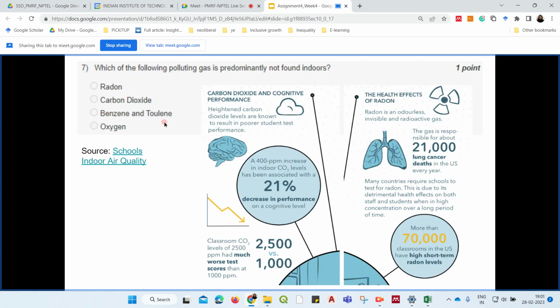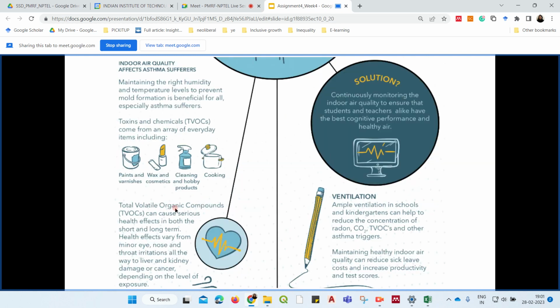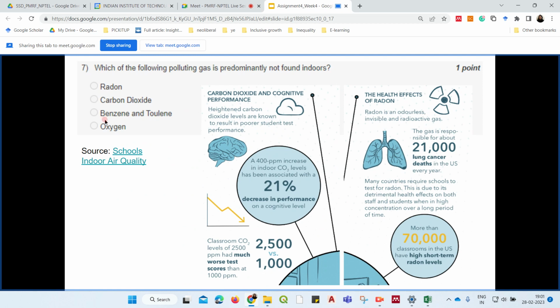So, benzene and toluene are also examples of organic compounds which are highly volatile at room temperature. So they again come under this broad category of volatile organic compounds, and again benzene and toluene are detrimental to human health. So again they will be considered polluting gases, and they are found in indoor environments.